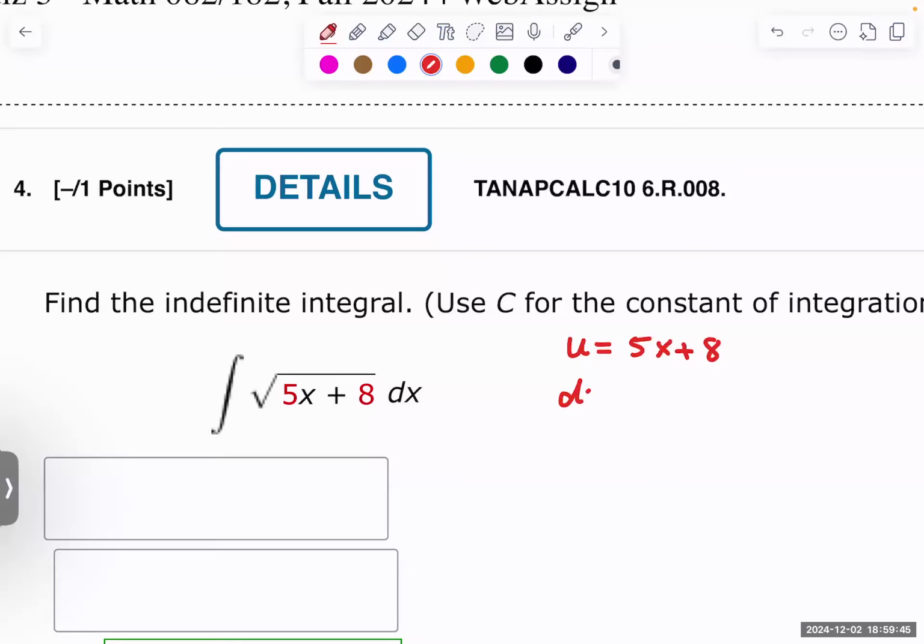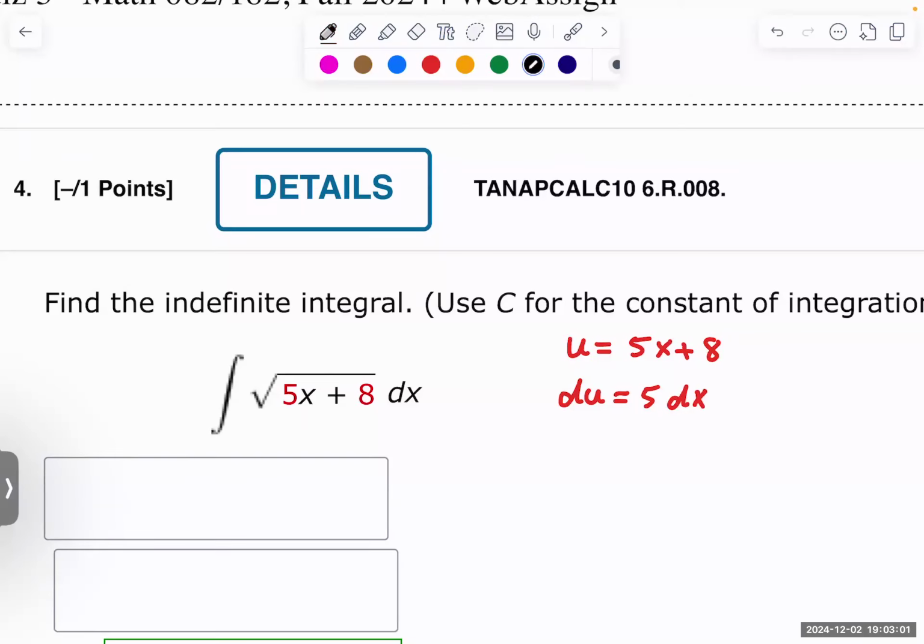Now think of what is du, and then substitute. That's a 5. Derivative of 5x is 5. Derivative of 8 is 0. Every time you find du, you need to have dx. Means derivative with respect to x.